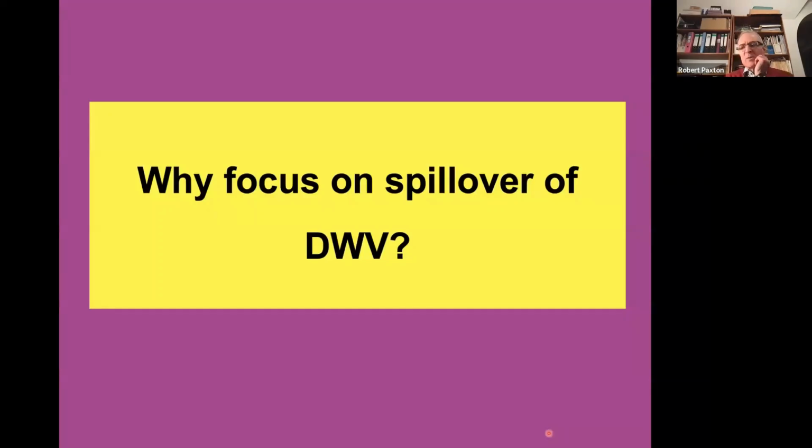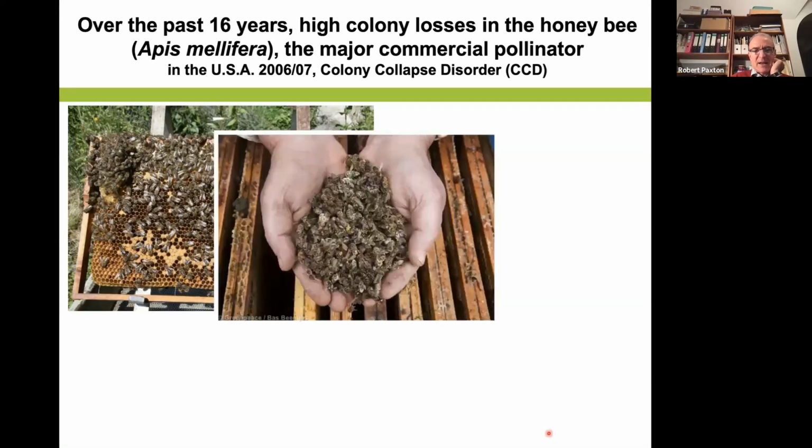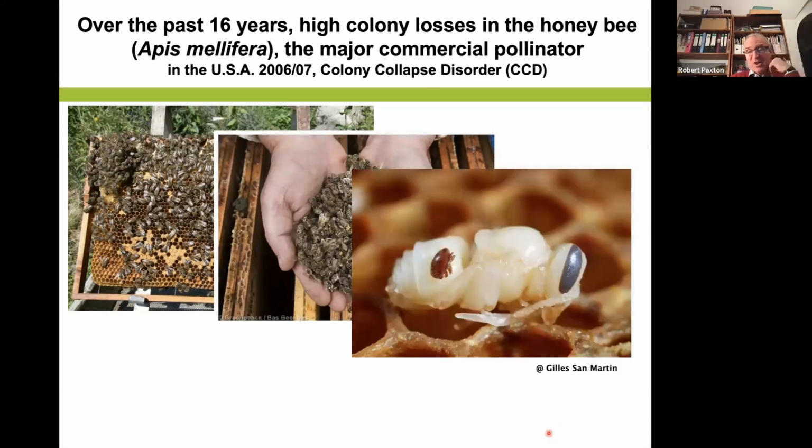So why do we focus on spillover of deformed wing virus? I think it's probably pretty clear to all of you why this virus in particular is important. In the last 10, 15, 17, 18 years, there's been a lot of attention paid to honeybee decline, first initiated, I think, when beekeepers went to the journalists and politicians and complained about big losses.